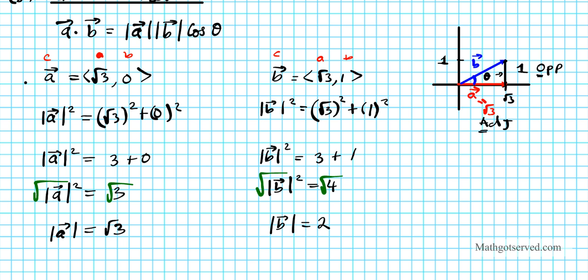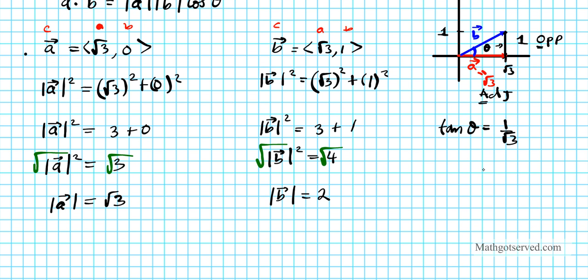It's the tan function, right? So we know that tan of the angle theta equals the opposite over the adjacent, 1 over root 3. Now let's get theta by itself. We're going to take the inverse tan of both sides. So the inverse tan of tan theta equals the inverse tan of 1 over root 3.